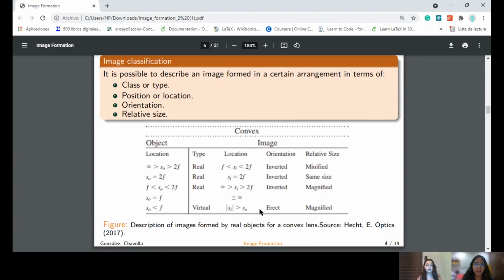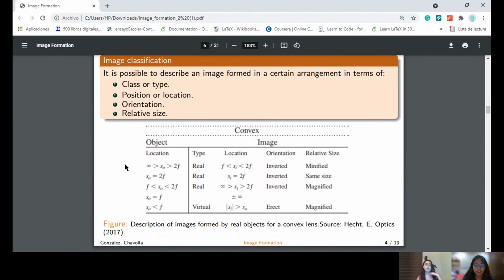Also, we can describe the image formed in a certain arrangement in terms of class, position, orientation, and relative size. This depends on the object distance and the focal length and their values. We are going to obtain whether an image is real or virtual, its location, its orientation, whether it is inverted or upright, and its relative size.